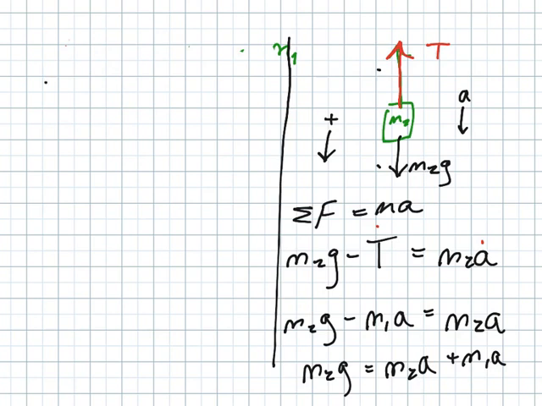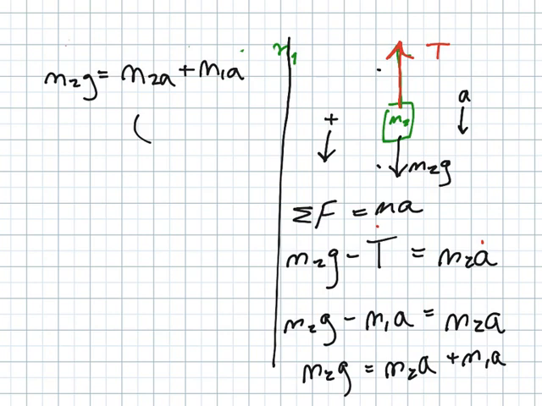Okay, so M2G equals M2A plus M1A. If I want to solve this for A, I need to basically unfactor the A out of this term. You can do that.